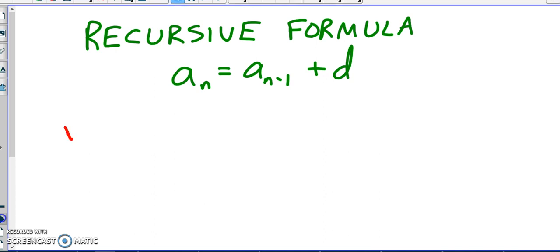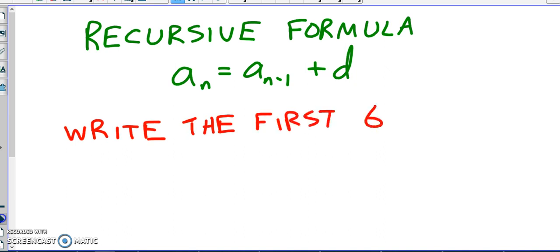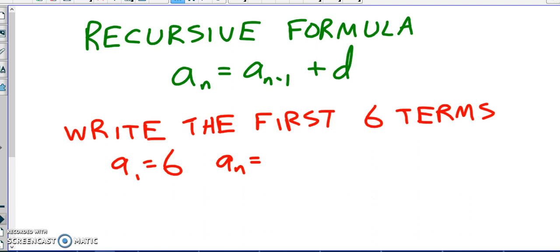So I want to write the first 6 terms of the following sequence. A1 is 6, and AN equals AN minus 1 minus 2 for n greater than or equal to 2.